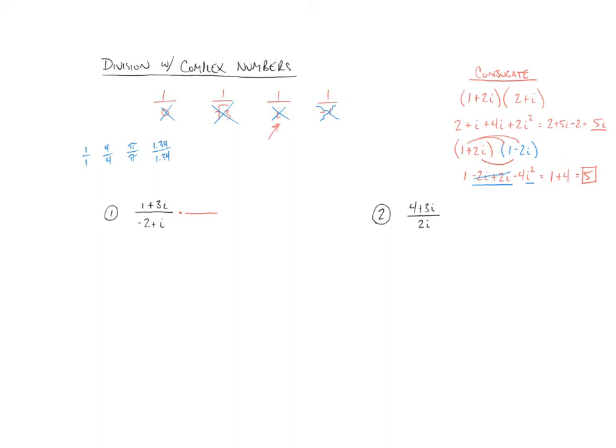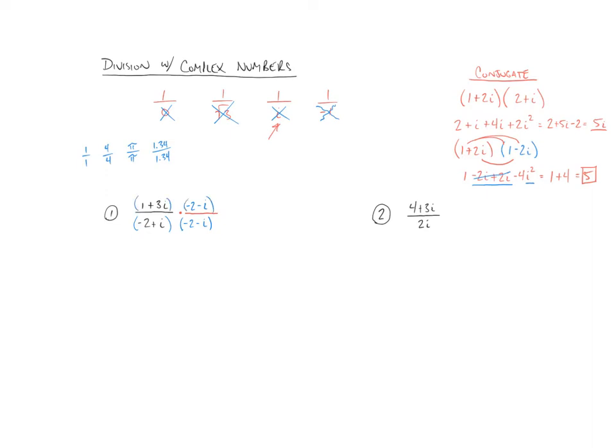But the one that I'm going to choose is this one. I hope that we can agree that this just equals 1. So I will preserve the value of this because all I'm doing is multiplying my fraction by 1. However, the good news about this 1 is that in the denominator, I have a conjugate of the denominator of my original fraction. So when I multiply, I won't have an imaginary number.